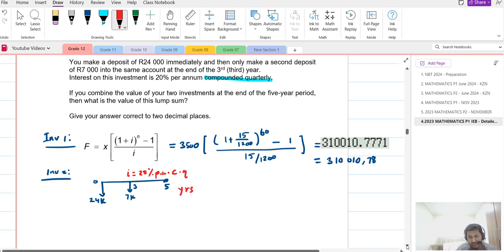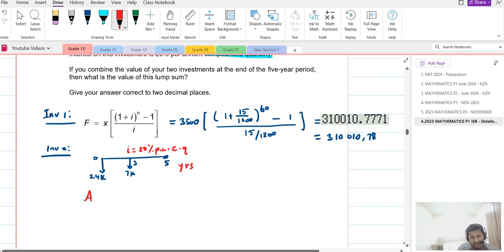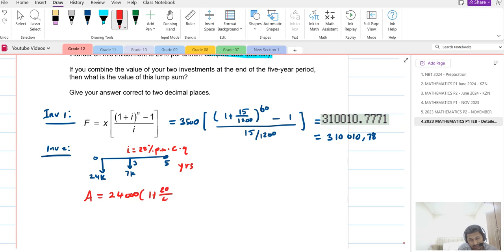Now to find the accumulated value, you're going to accumulate the 24,000 to the end: 1 plus 20 over 400, to the power 4 times 5, because there are 5 years. And this is the factor that we use, because you're taking it over the period 4.